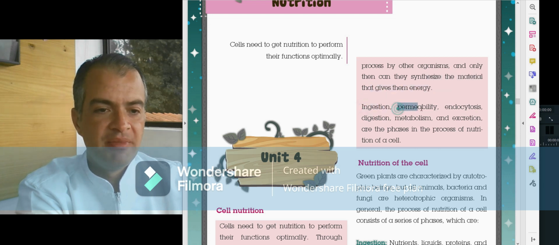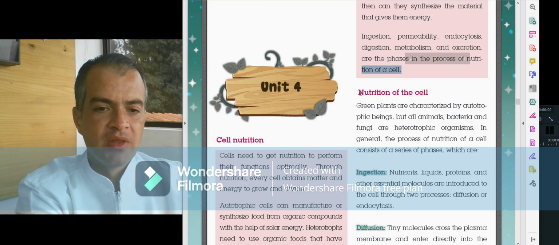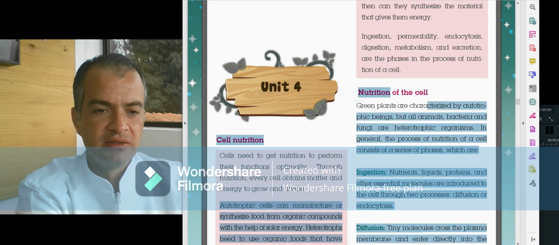Ingestion, permeability, endocytosis, digestion, metabolism, and excretion are the phases in the process of nutrition of a cell. Nutrition of the cell.